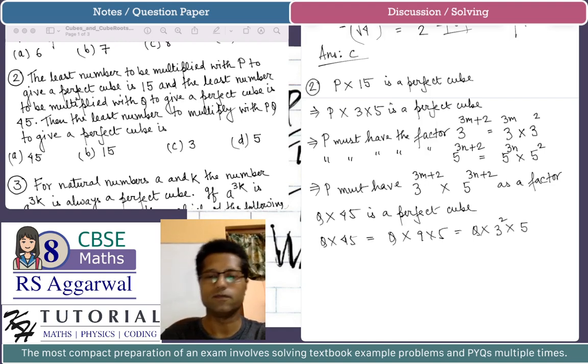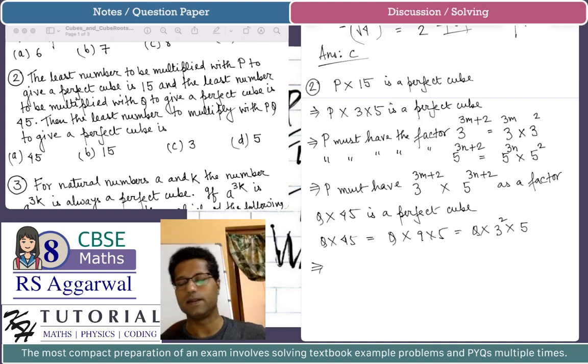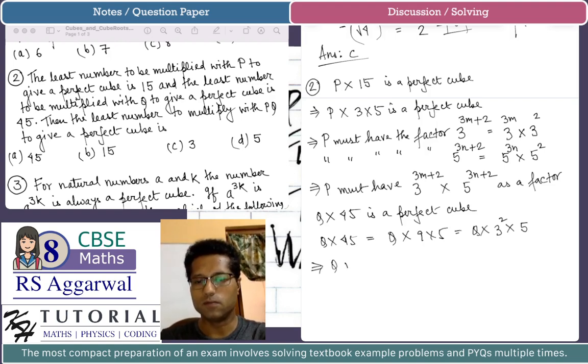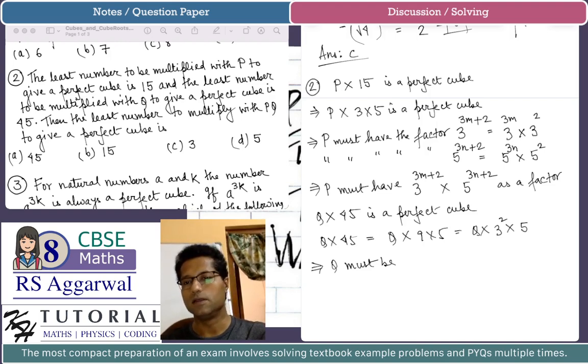So this will imply that q must be of the form... So this means that there is a factor 3 in q which is not part of any triplet, and only then, if we multiply it with 3 square, it will form a triplet, and hence q will become a perfect cube.